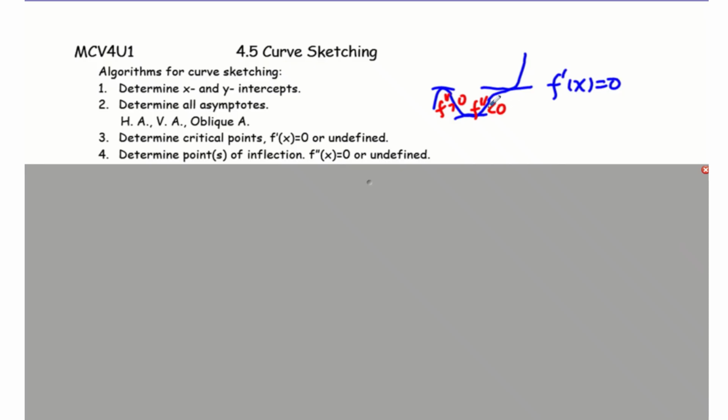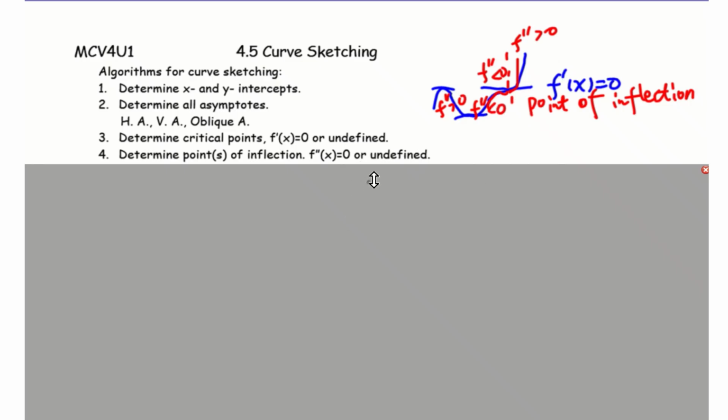Here the graph goes from concave down to concave up, so the double prime on the left is negative and on the right is positive, because this is a point of inflection. And all the points where f prime equals 0 are critical points.